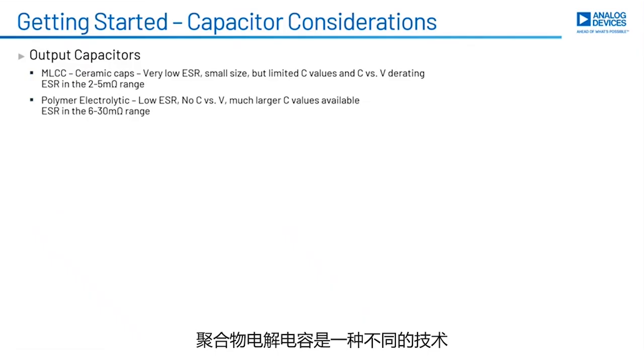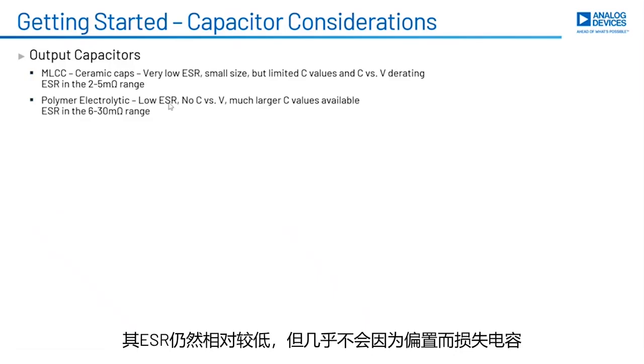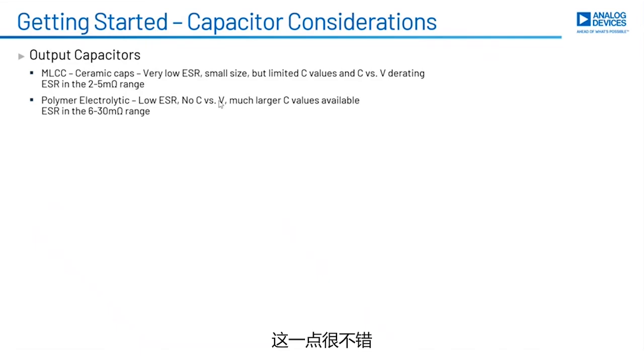Polymer electrolytics are a different technology. They still have relatively low ESR, but virtually no loss of capacitance with bias. So that's a good thing. And there's much larger capacitance values available. So there are polymer caps that are 1,000 microfarads.